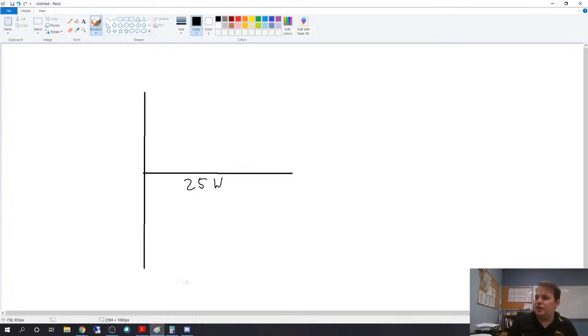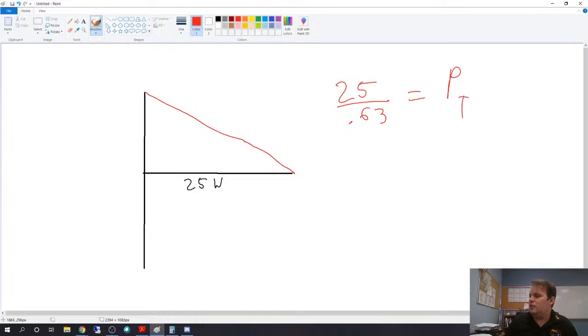We are at 63%. Whatever the total is, this 25 is 63% of it, so 25 divided by 0.63 equals the total, or apparent, power.